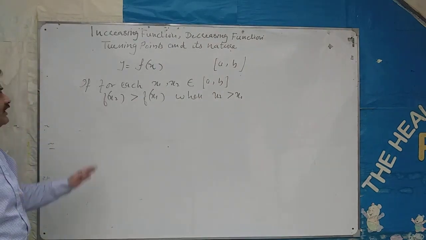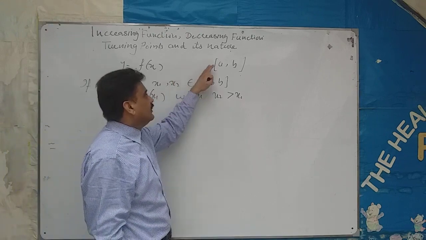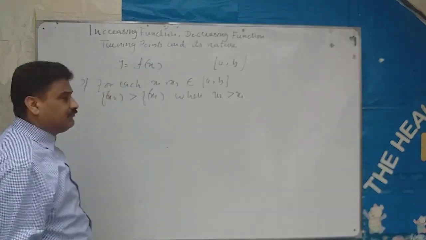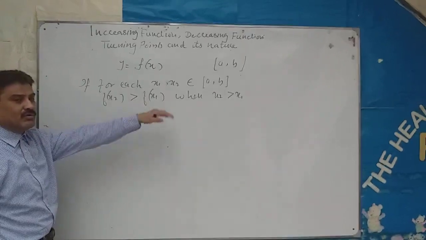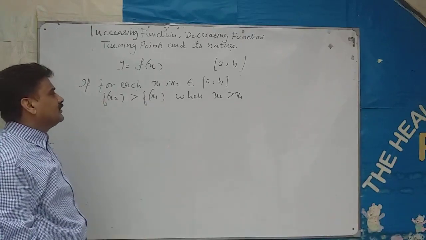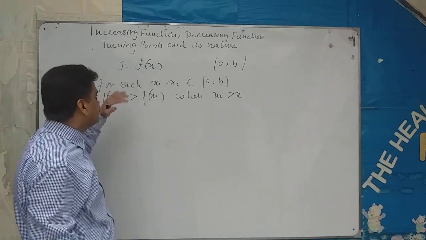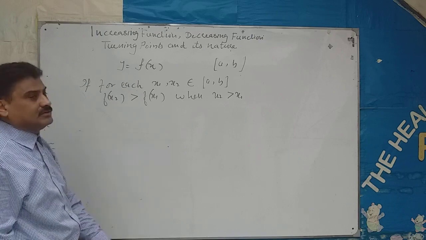We consider a function y equal to f of x defined in a closed interval a to b. If for each x1, x2 belonging to a, b, f of x2 is greater than f of x1 whenever x2 is greater than x1, in this case the function is said to be an increasing function.